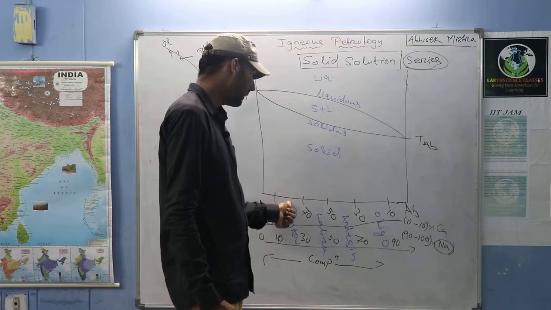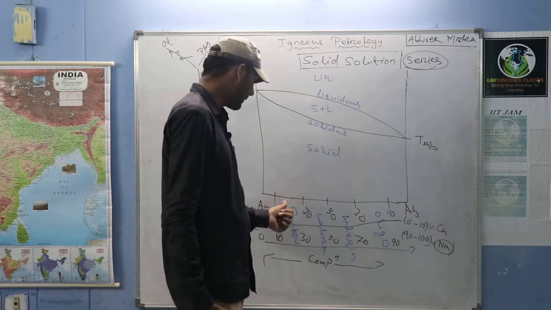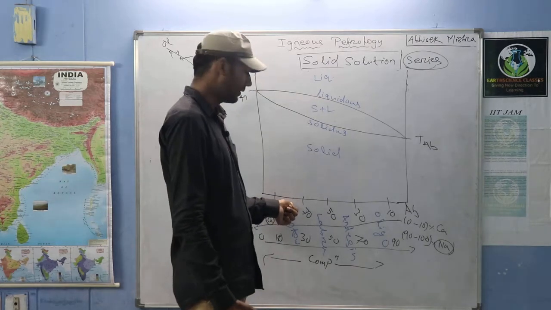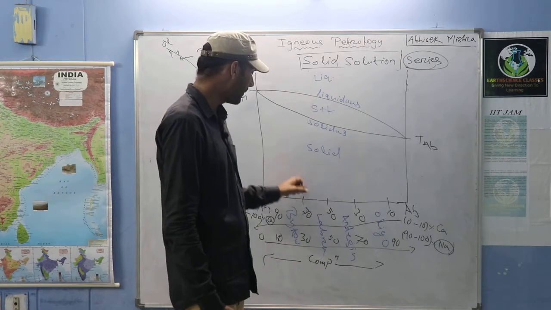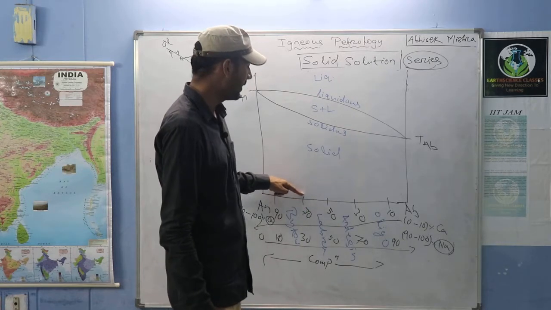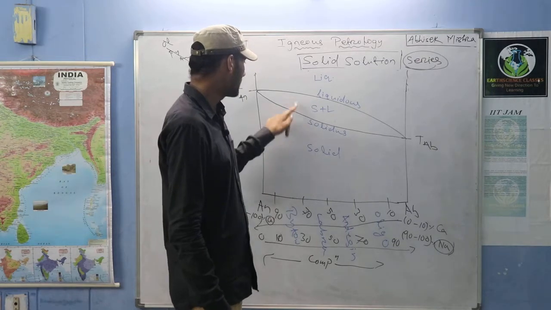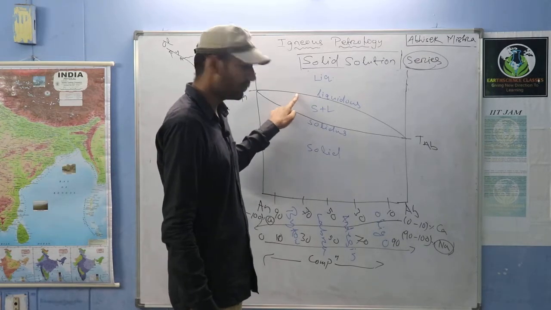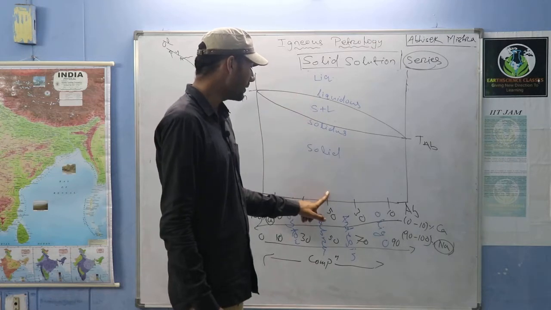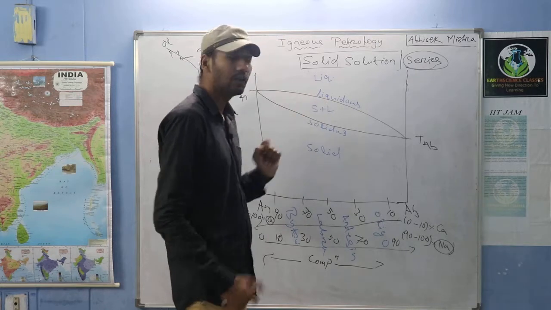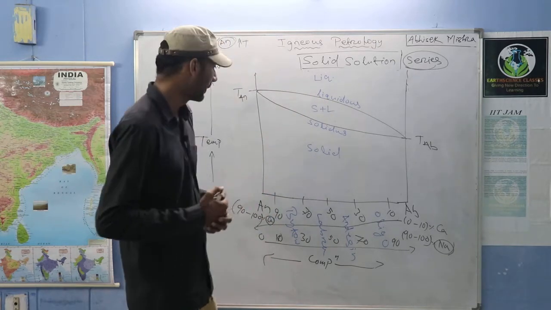As I go to combinations between anorthite and albite, at this point calcium is 70 and sodium is 30. The temperature is decreased to this. Here calcium 50, sodium 50. The temperature decreased to this. That means the temperature of crystallization, right?